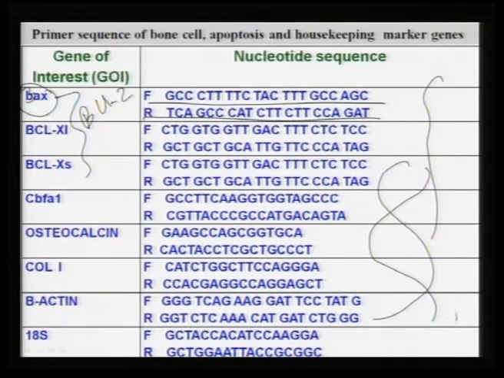So, one is forward means it will go this way, one is reverse means it will go this way. So, what is the primer? As I said, the primer sequence means GCC, that means one guanine, followed by 2 cytosine. Then comes CTT, that means after 2 cytosine there will be 1 cytosine and 2 thymine.